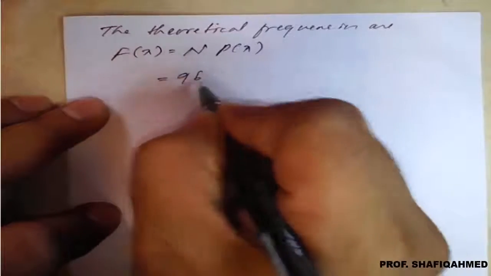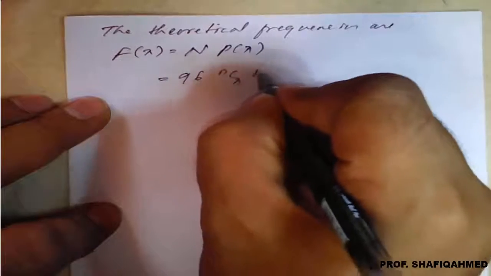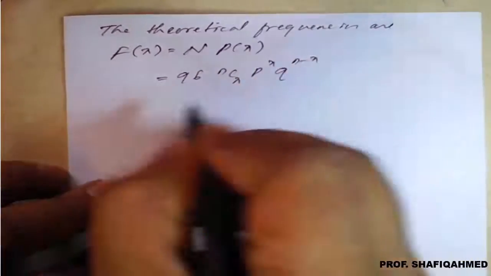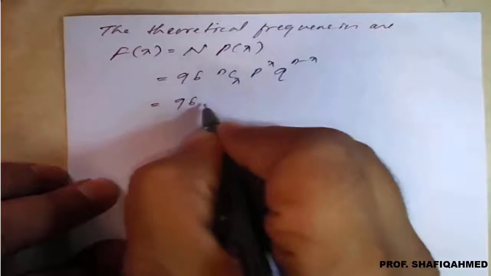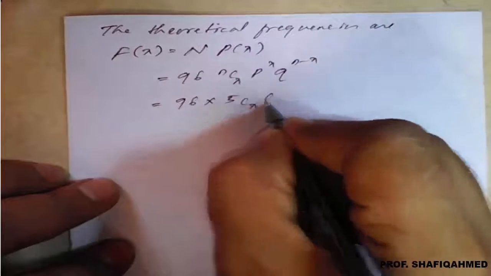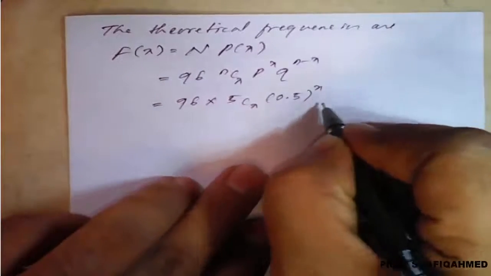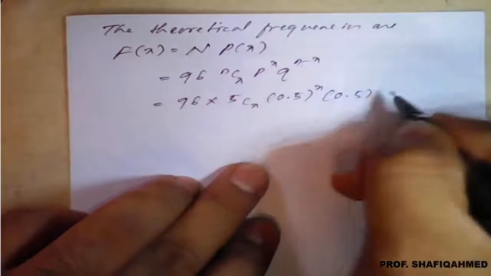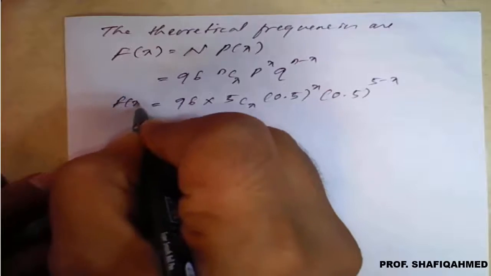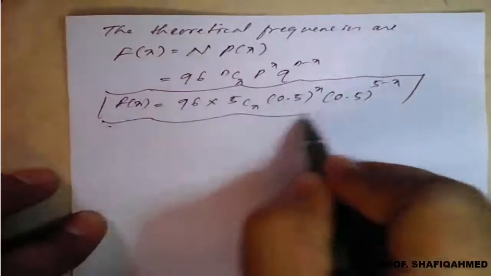N is 96, p of x is nCx, p raised to x, q raised to n minus x, which is nothing but 96 into 5Cx, p is 1 by 2, which we take as 0.5 raised to x, q is again 1 by 2, which is 0.5 raised to 5 minus x. So we'll use this formula to find the theoretical values.